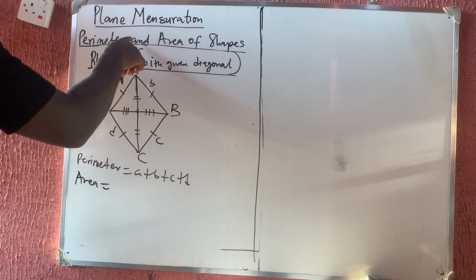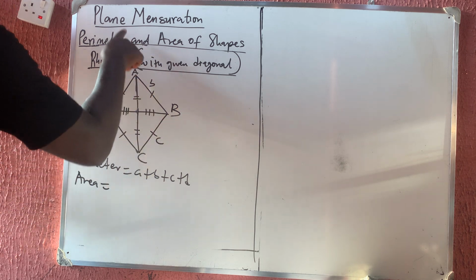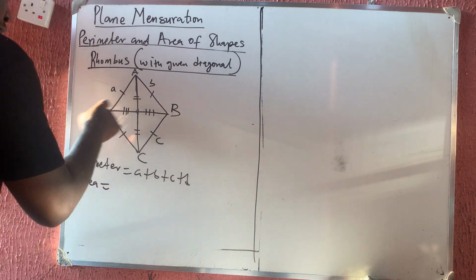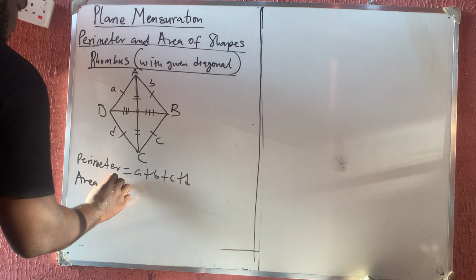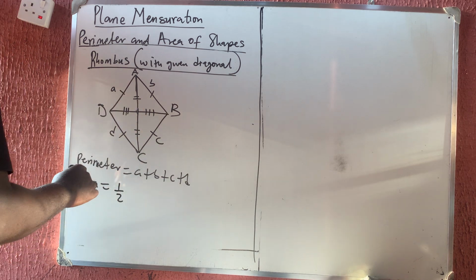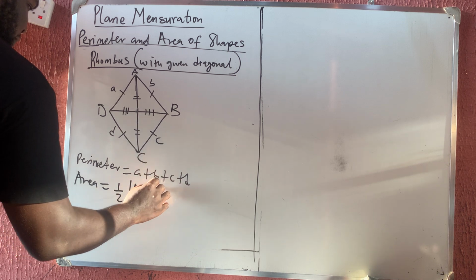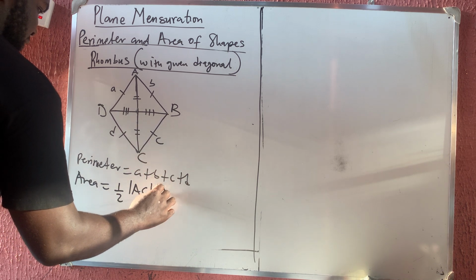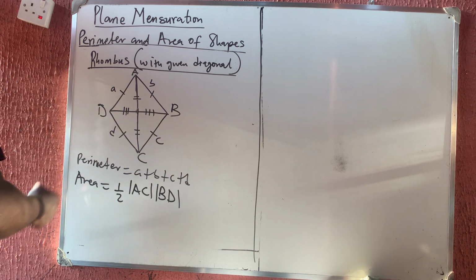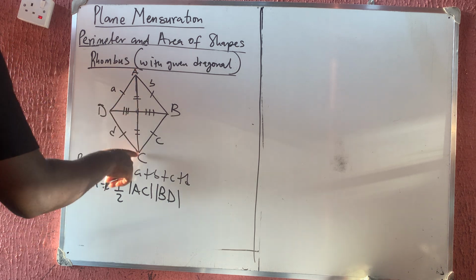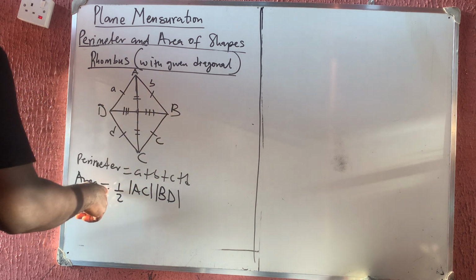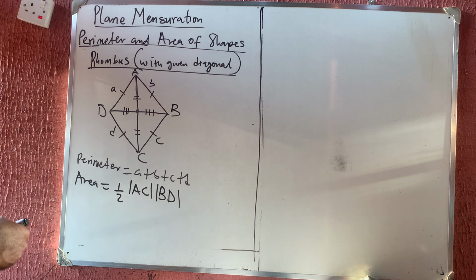Area of a rhombus is half of the product of the lengths of the two diagonals, so half of line AC multiplied by line BD. Very simple. If line AC is X and BD is Y, it will be half X times Y.